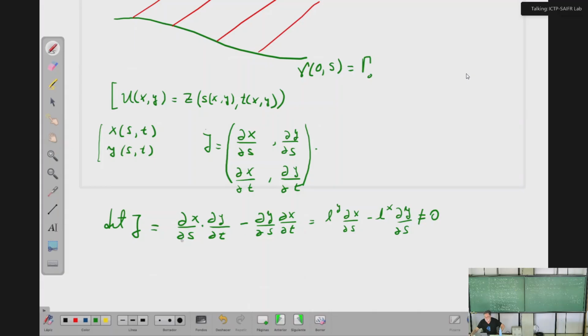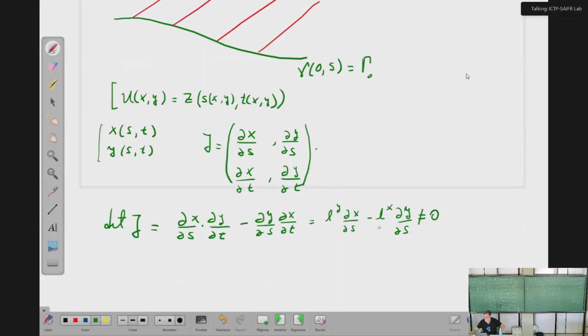You compute the determinant, it's very easy, it's this by this minus this by this. And now you use that the derivative of y with respect to t is the component Ly, and this is this in here, and you have minus Lx, the derivative of y with respect to s.